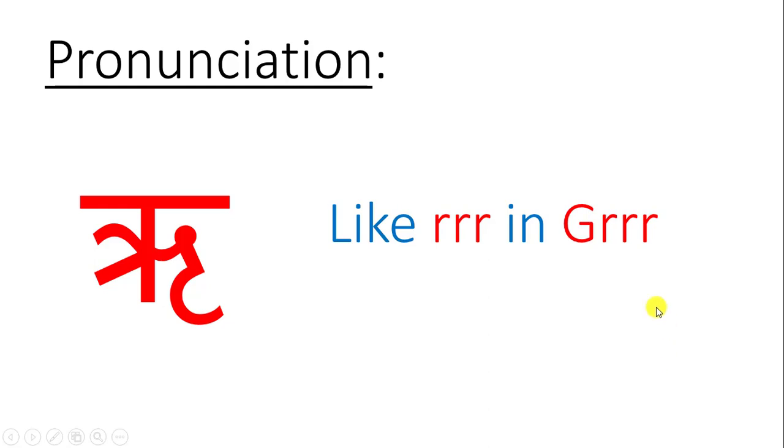Next is ri. Like the rrr in grr. The usage of this letter or vowel, I can say, is very less in Hindi. So just know that it is the ri sound, and do not worry about the usage. All right.